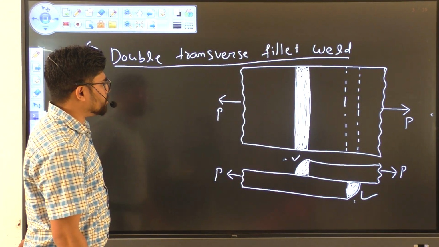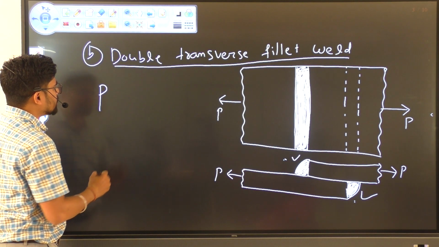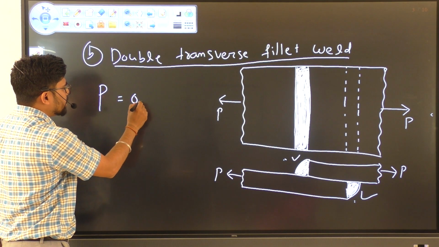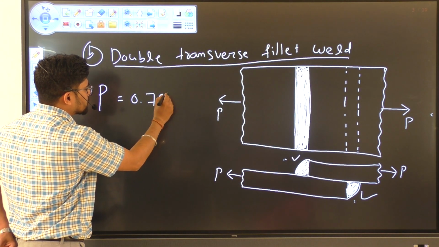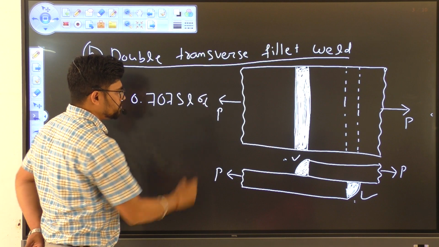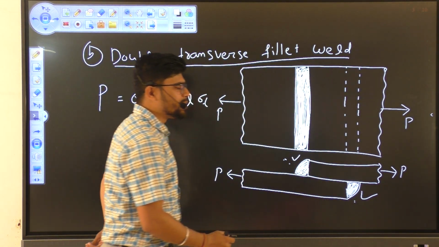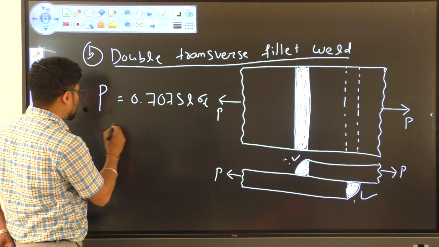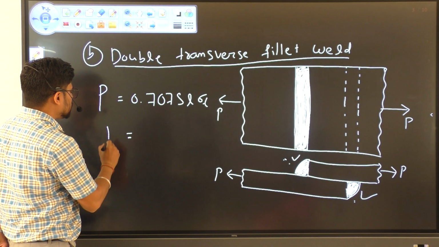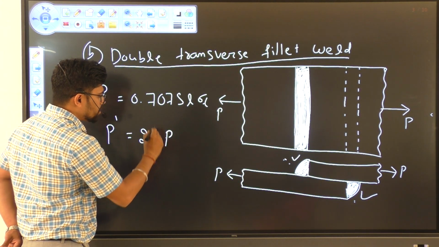So in single transverse fillet weld, we know the strength is P equal to 0.707 SL sigma T. And see here, the area comes twice. So we need to just multiply by 2 in this formula of strength of single transverse fillet weld.